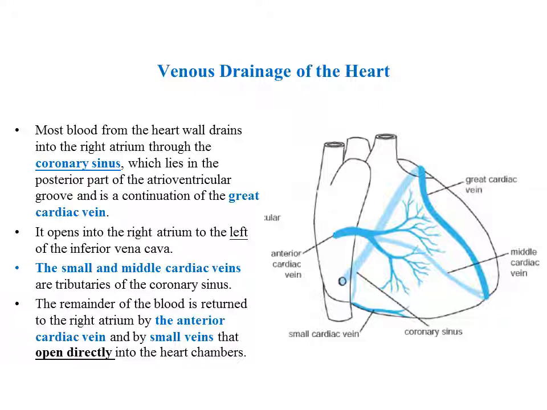The small and middle cardiac veins are tributaries of the coronary sinus. The remainder of the blood is returned to the right atrium by the anterior cardiac vein and by small veins that drain directly into the heart chambers.